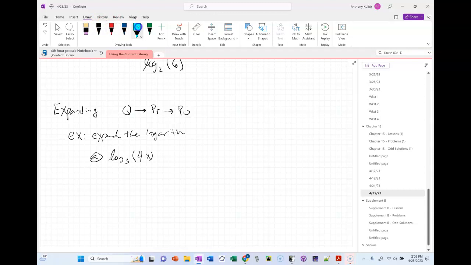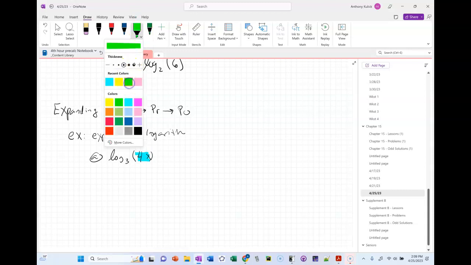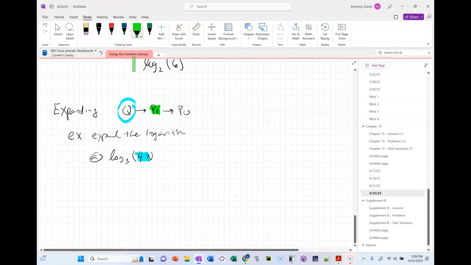So according to the directions I just gave you, the first thing I'd want to look for is a quotient property. So I look inside my logarithm. Do you see any division going on inside the logarithm? No. No quotient property to do there. Okay. Then we'll go to the product property. Is there any multiplication going on inside my logarithm? You should say yes.